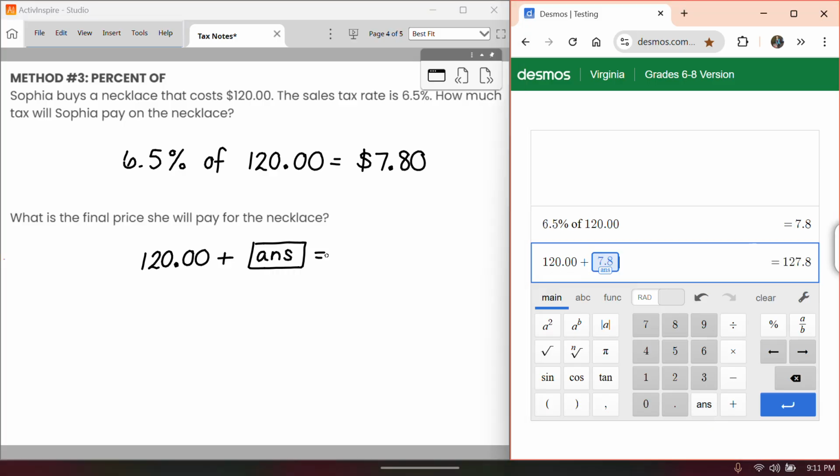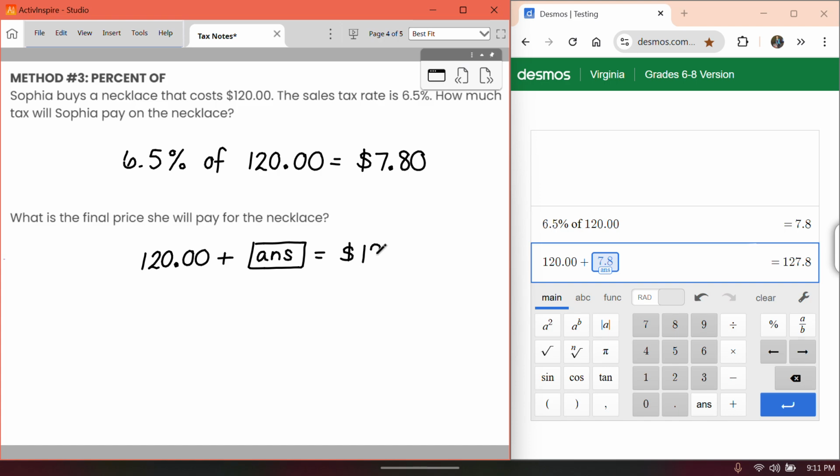So I'm going to click that and it'll add it for me. $127.80 is my total. All right. So that's how you do it with percents. And you can go back and check those first two to make sure that they work if you want to.